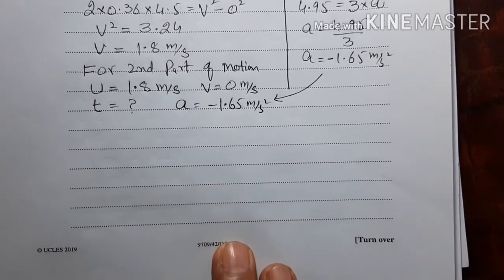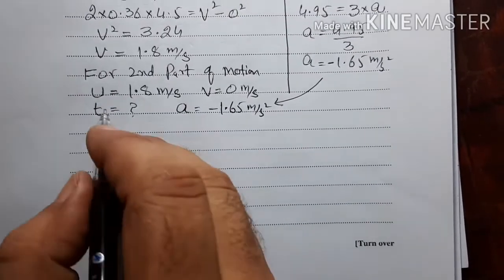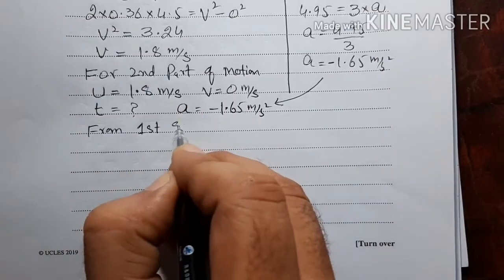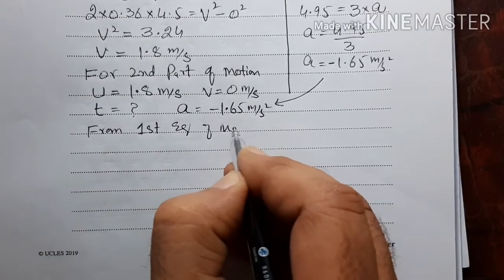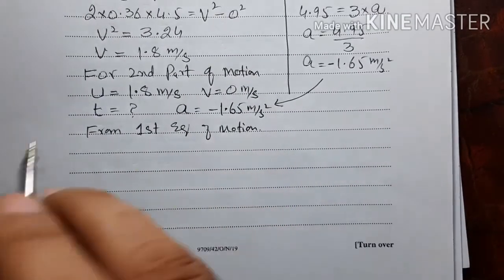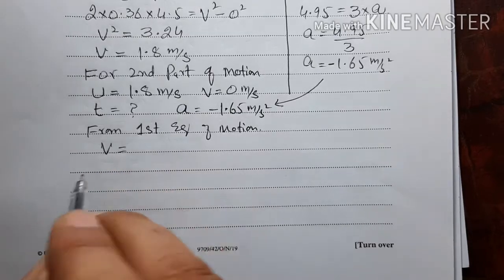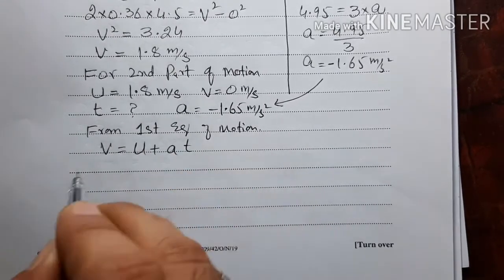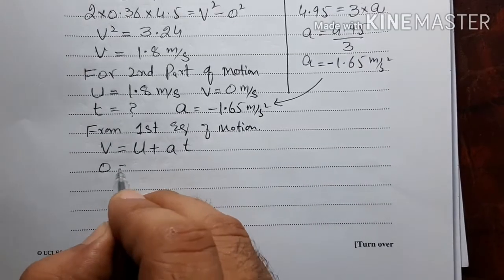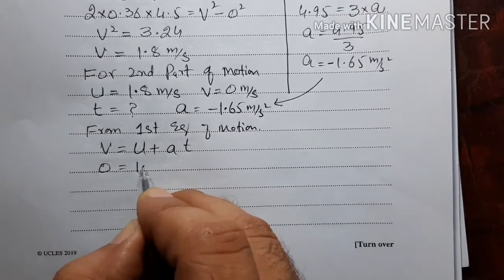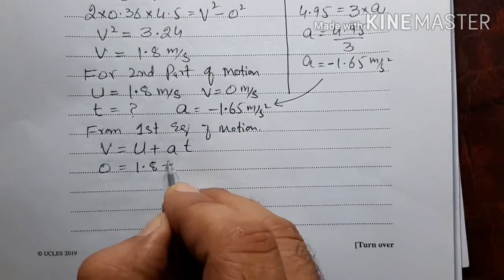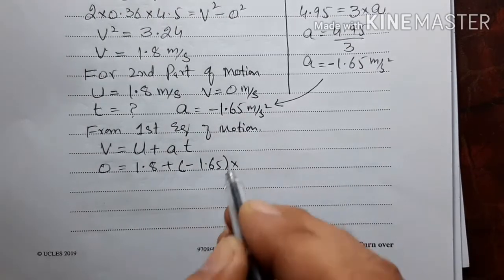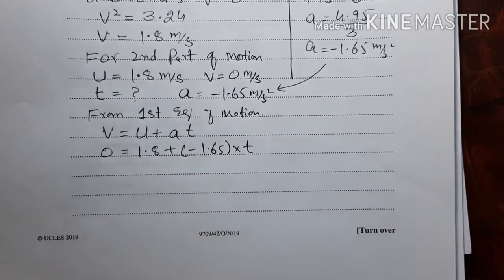Okay, so we can use the first equation of motion, v is equal to u plus at. Here v is 0, u is 1.8, and a is minus 1.65, into the time we need to find.